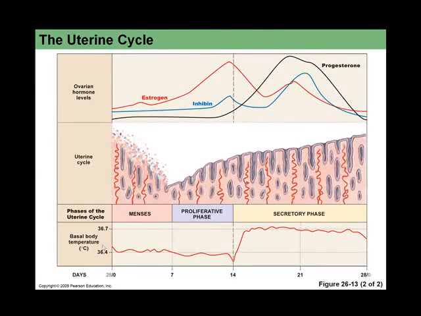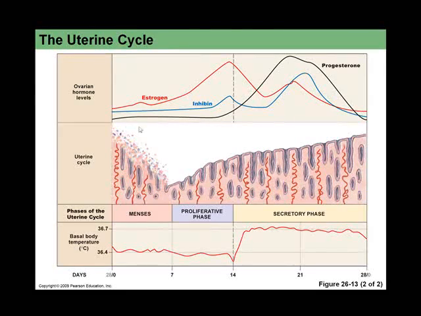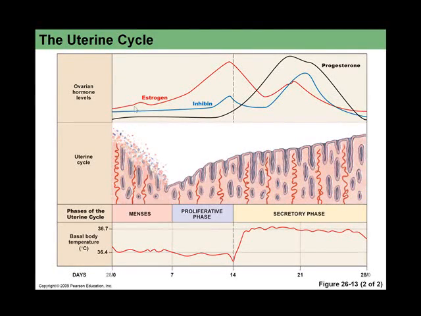We had talked about thermoregulation, the basal body temperature changing in females in the pre-ovulatory versus the post-ovulatory phases of the menstrual cycle. So what hormone is highest during the pre-ovulatory phase? Estrogen. So the estrogen is responsible for the proliferative phase. You can see the proliferation almost follows the same shape of the curve here.